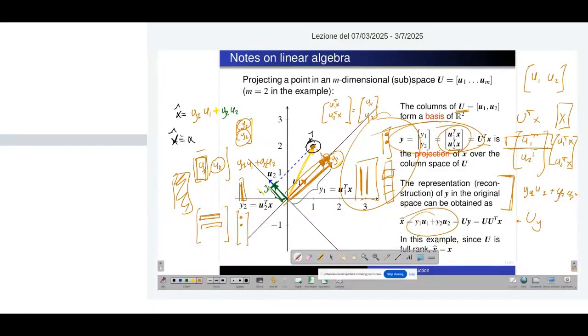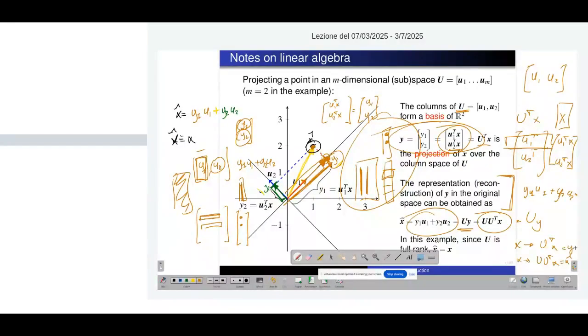So we can express our reconstruction in this way, which, expressed in terms of the original sample, says that if we have x, then u transpose x is the projected point, while U U transpose x is the reconstruction of the projected point.